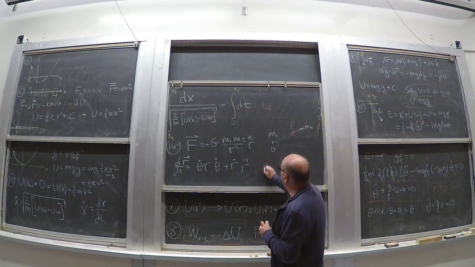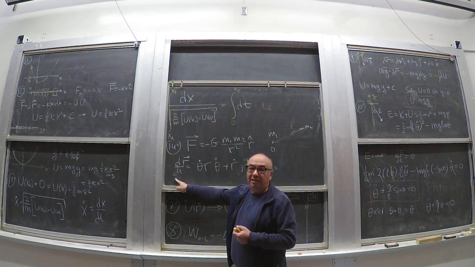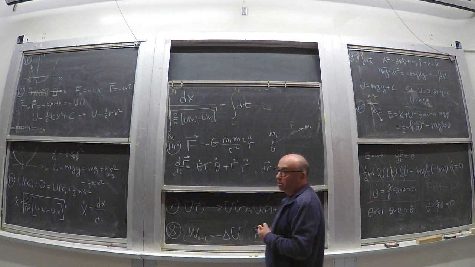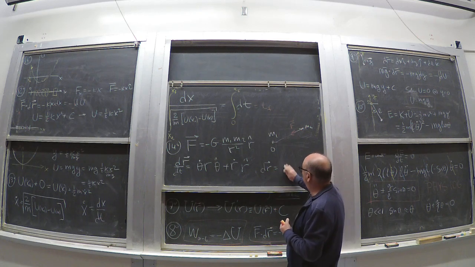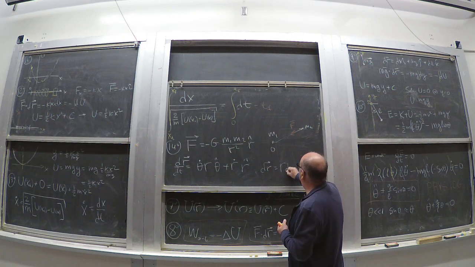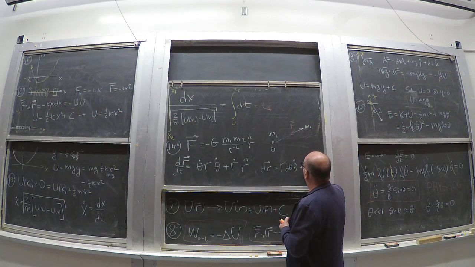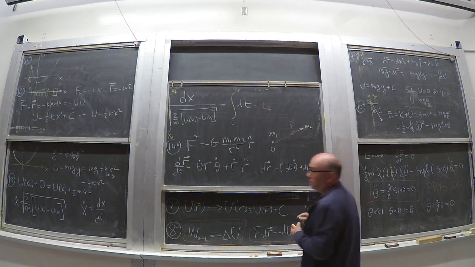Alright, so let's now write dr. To write dr, multiply by dt. What is theta dot dt? d theta. Exactly. So we got, let me switch order, r d theta, theta hat, plus what is this? dr, r hat. Is everybody good?